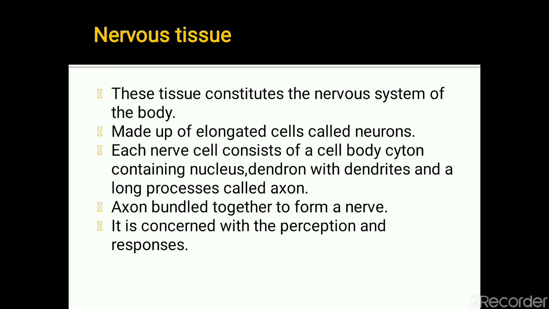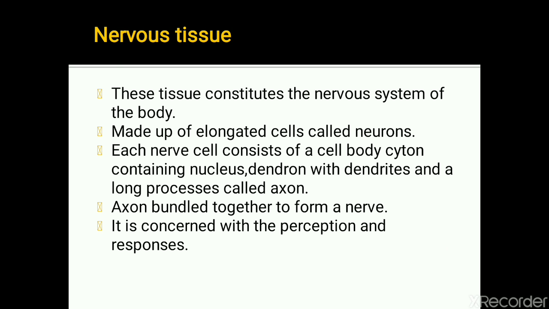Next is the nervous tissue. This tissue is made up of a very special type of elongated cells called neurons or nerve cells. Each nerve cell consists of a cell body called cyton, which has a nucleus in it, a dendron with dendrites, and a very long process called axon.